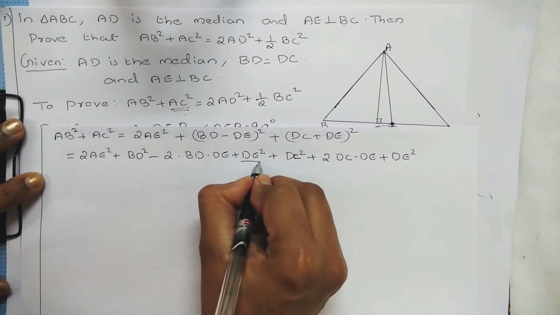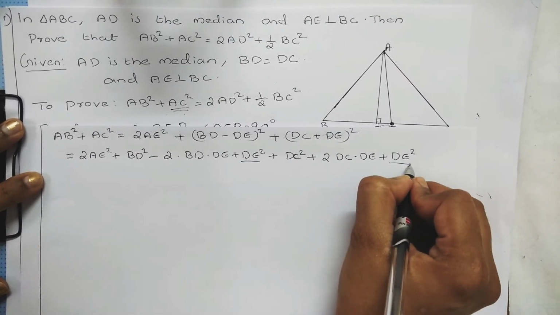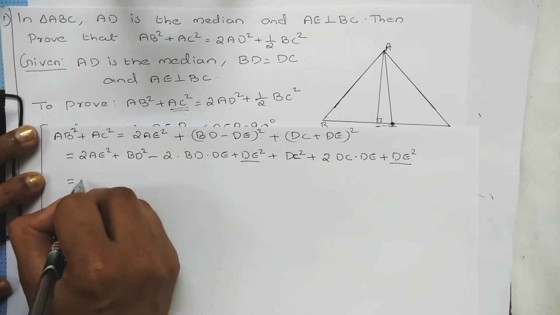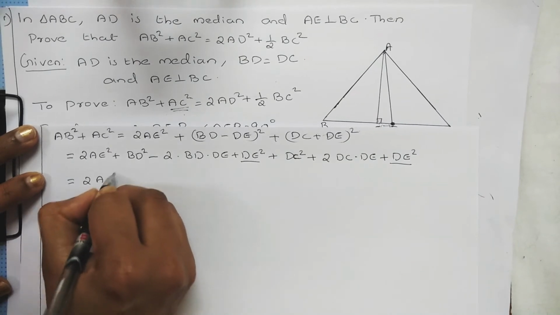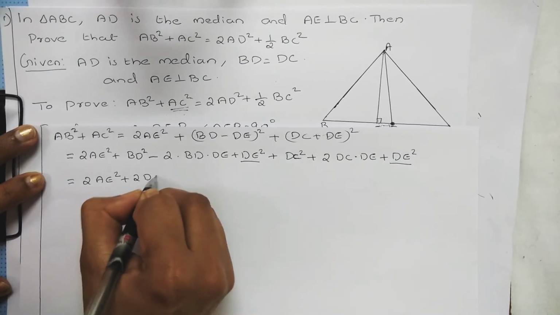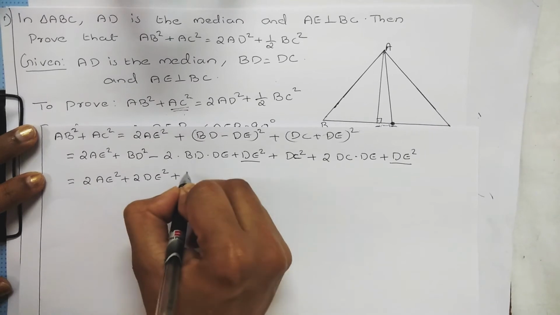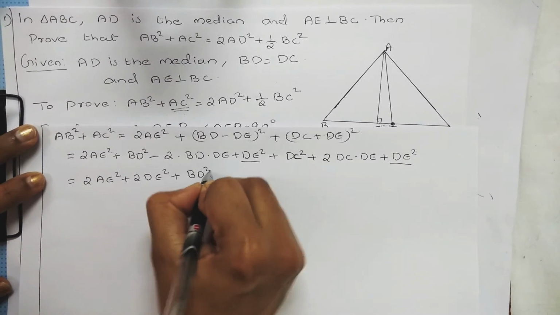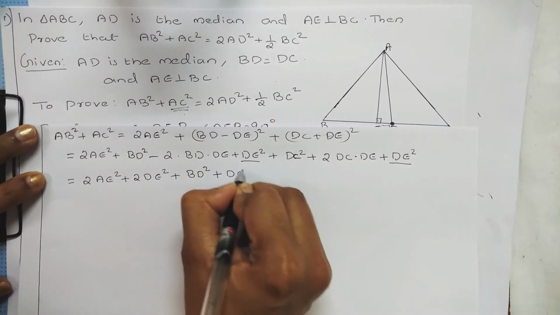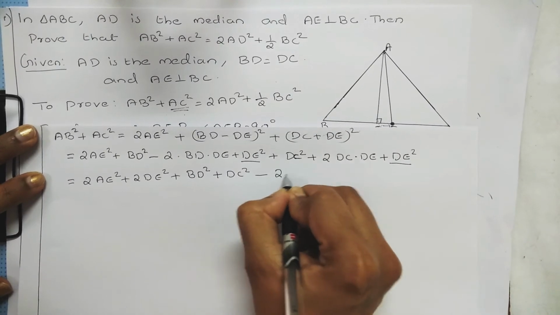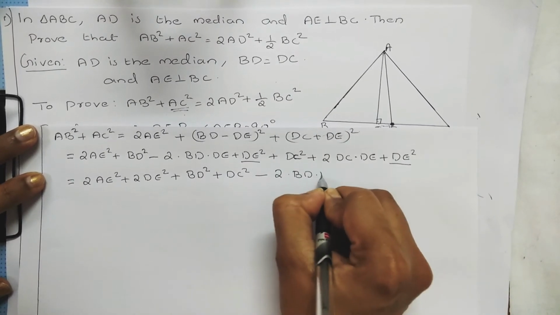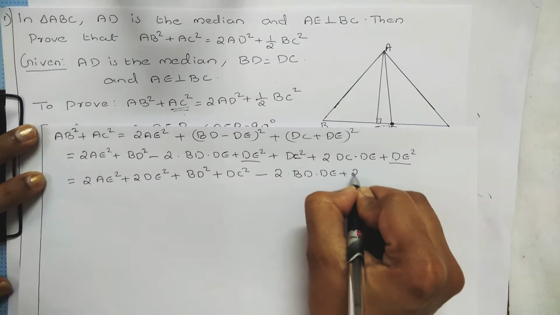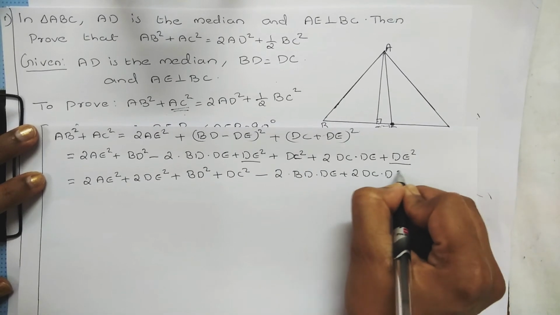Now you see, here also one DE square, here also one DE square. So I am just grouping here: 2AE square plus 2DE square plus BD square plus DC square minus 2 into BD into DE plus 2 into DC into DE.